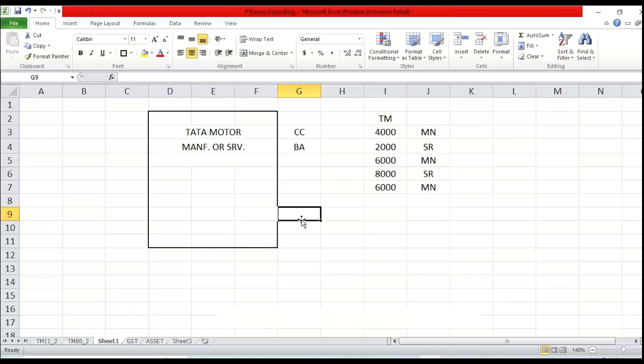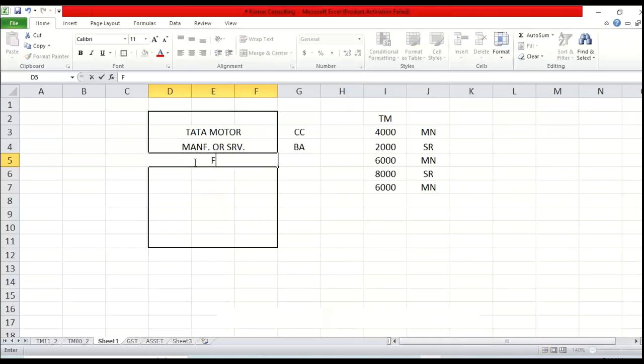Now certain other basic settings are also required apart from this. What basic settings? I'll tell you now. This Tata Motor is the company code, this one is the business area, and the next one is the financial year.